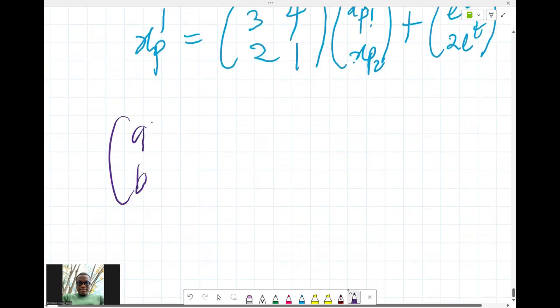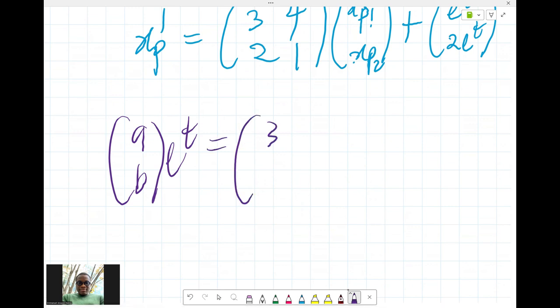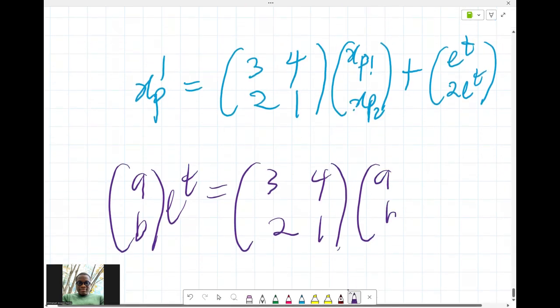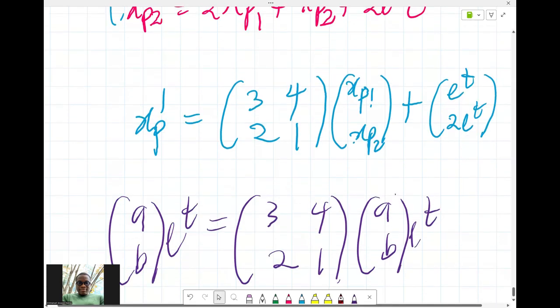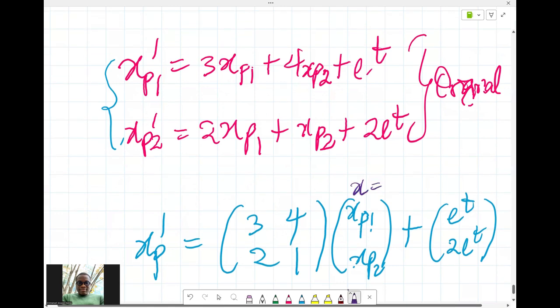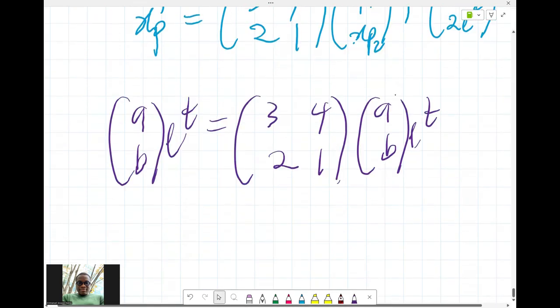So this is ab e raised power t for this side equals 3, 4, 2, 1 into ab e raised power t, because this is like our x. That replaces that. Plus what was there originally.